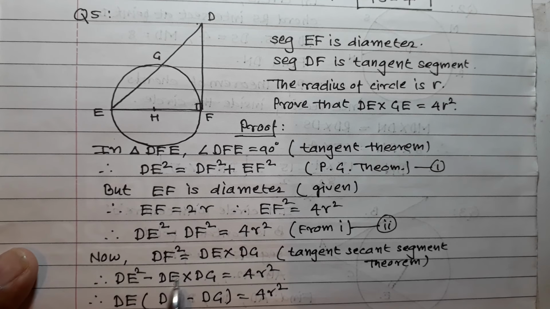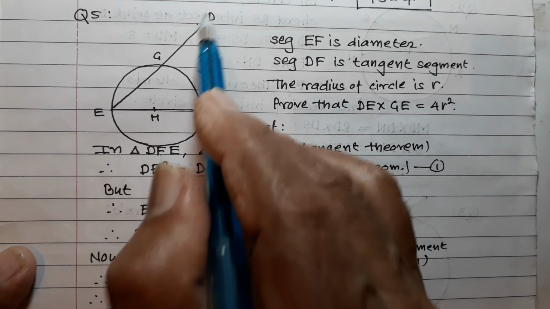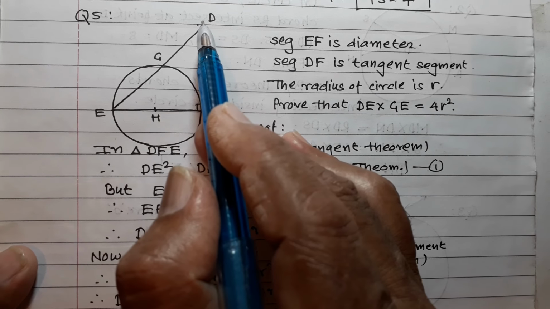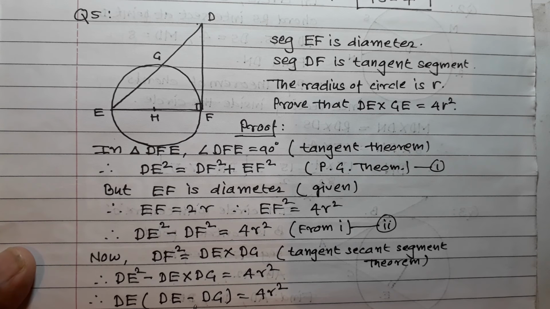Now here you take DE common, so DE into bracket DE minus DG is equal to 4R square, but DE minus DG is equal to GE, and therefore for this bracket you write down GE. So therefore DE into GE is equal to 4R square.